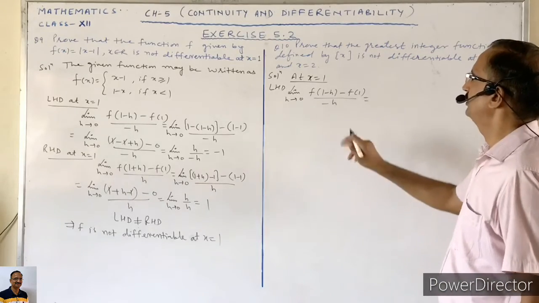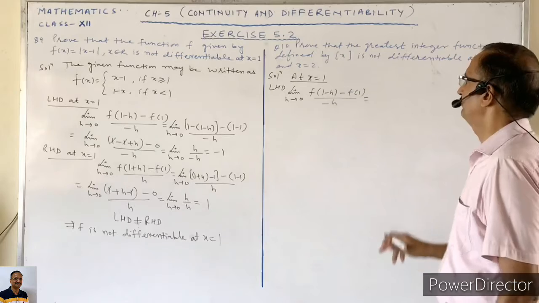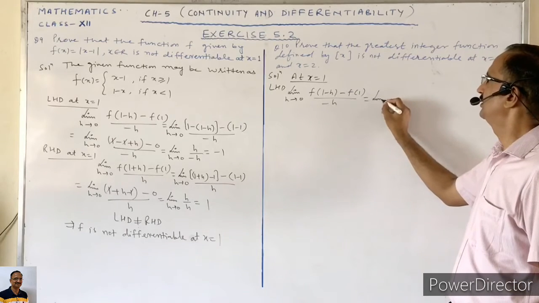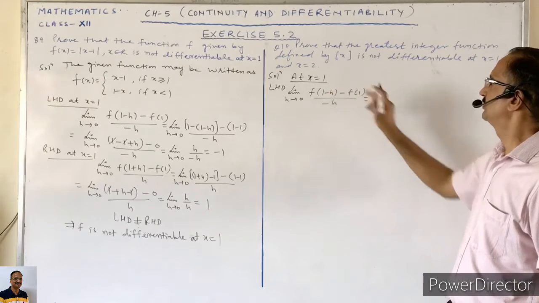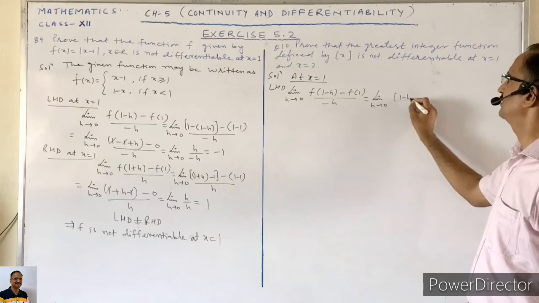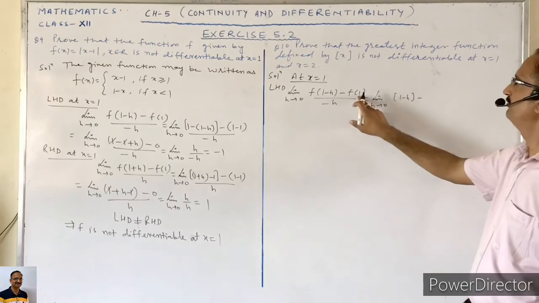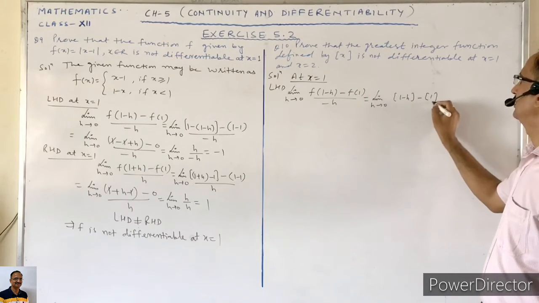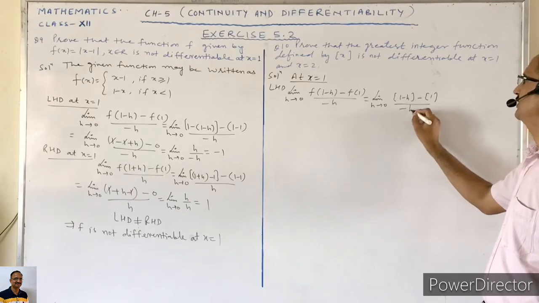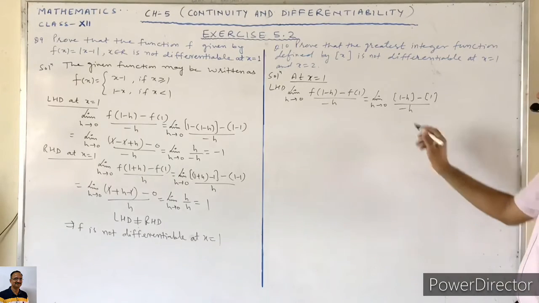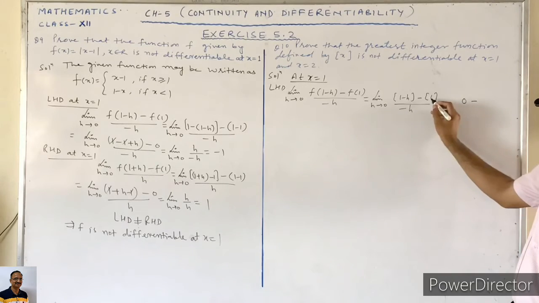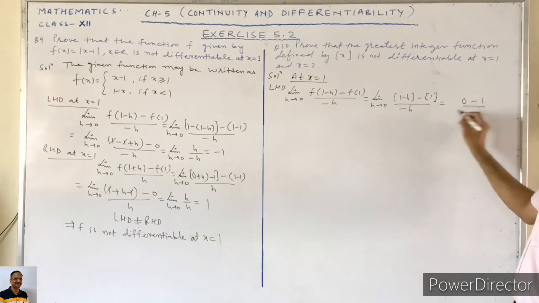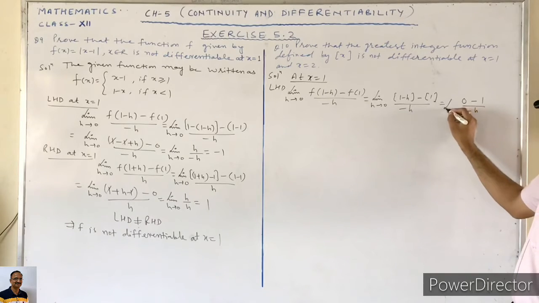Now we will put this value in the given function. Then this is limit h tends to 0 of [1 minus h] minus [1], where [1 minus h] is 0 and the value of [1] is 1, by minus h.